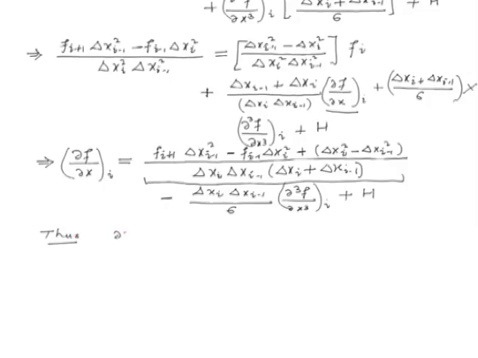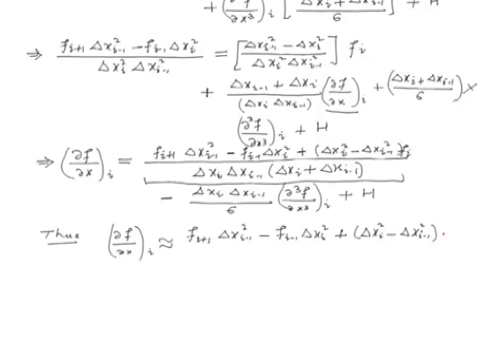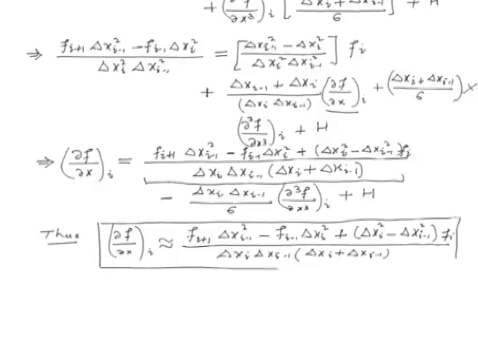So thus we can write our CDS approximation as follows, and our truncation error is of the order of delta x_i into delta x_{i-1}.